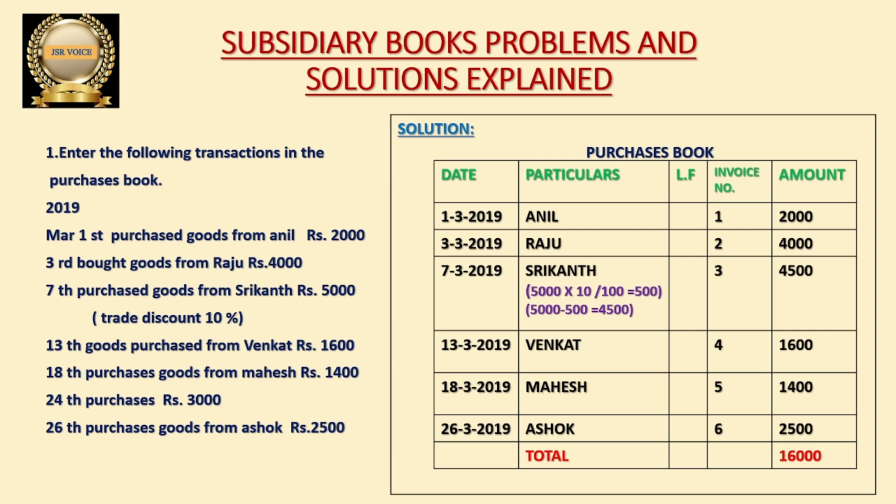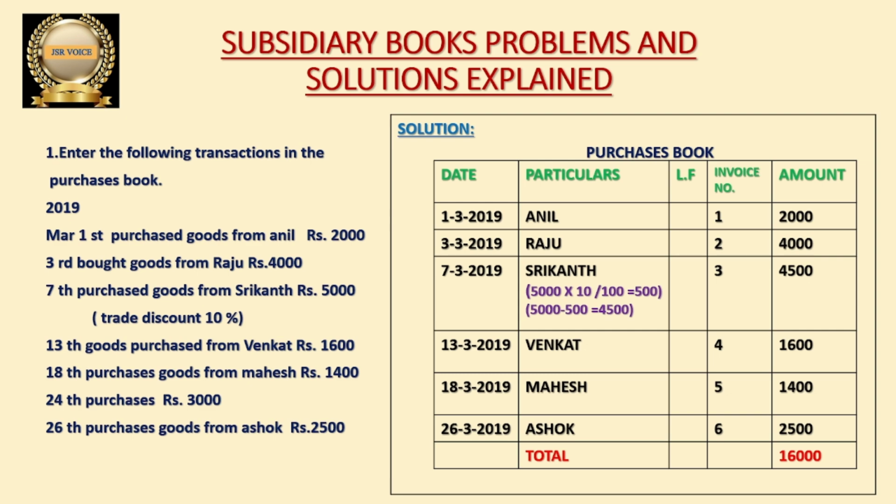Purchased goods from Anil. You should apply those points that I discussed with you just now. It should be a credit purchase. Here, if the name of the person is given and cash is not mentioned, then it is a credit purchase only. So purchased goods. They are purchasing goods, not assets. So we can record. The name of the person Anil is given, so we can record that.